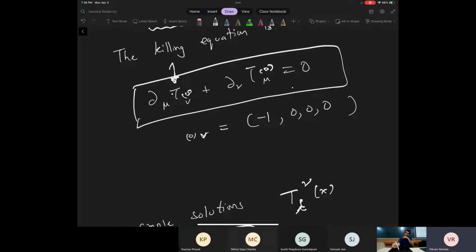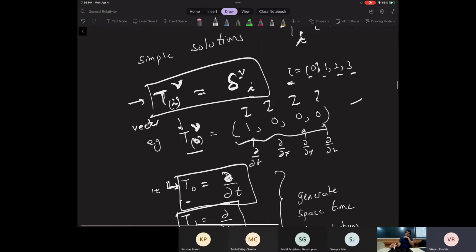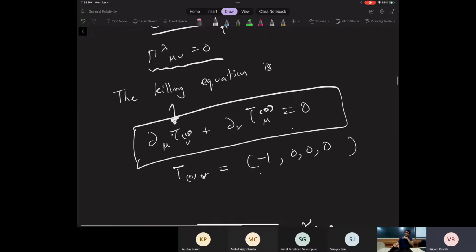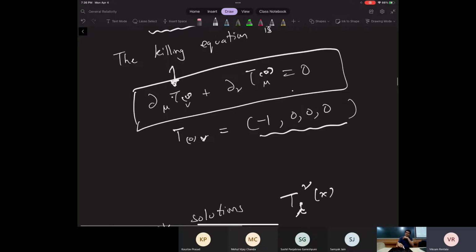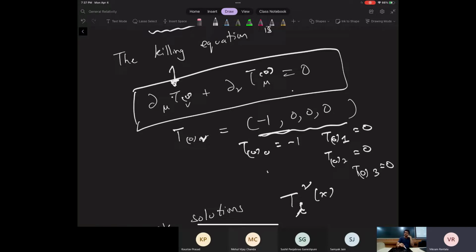I'm saying T0 is a solution to this equation, and T0 nu is this. But I have to lower it with the metric. The metric is eta mu nu, so it just gets lowered to -1, 0, 0, 0. So the 0th component of T0 is -1, the first component is 0, the second component is 0, and the third component is 0. Now it's easy to see that because this is a constant, it will automatically satisfy this Killing equation.